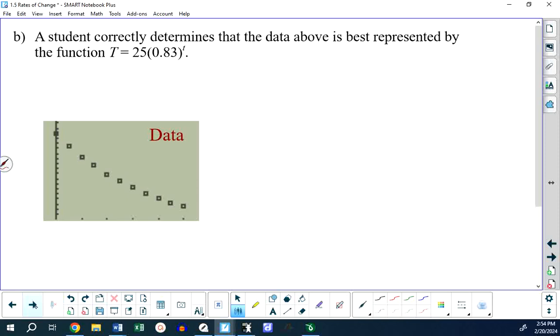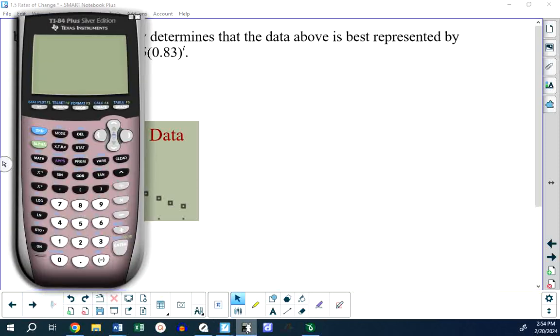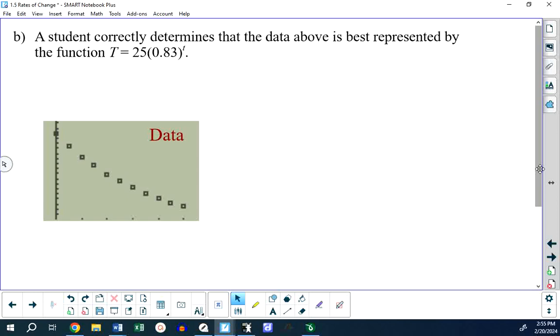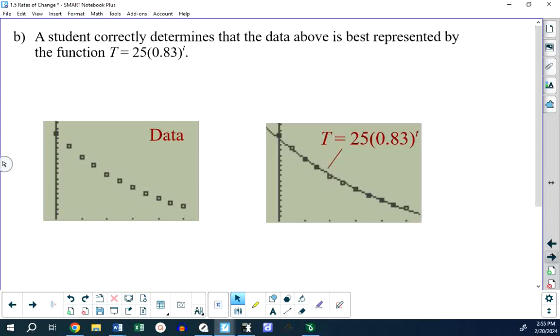If you wanted to, you would go to your statistics menu and your calculate submenu, and you will discover that there is an exponential regression. Depending on your calculator, you might get slightly different answers. But a student did this and they got 25 times 0.83 to the t. So if you look up here, there's my data, and if I plot 25 times 0.83 to the t, that's the function.